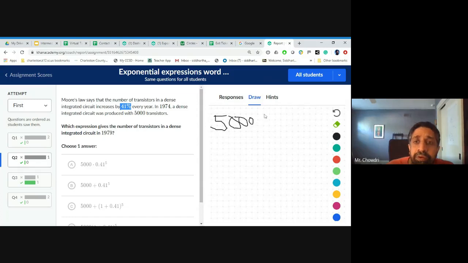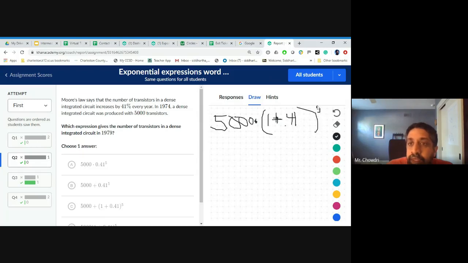But in order to do it properly, it would be 5,000 times, so I'm going to put a parenthesis. I'm going to put a little dot here for times. And it would be 1 because that gets us the original amount plus 0.41, to the fifth power.